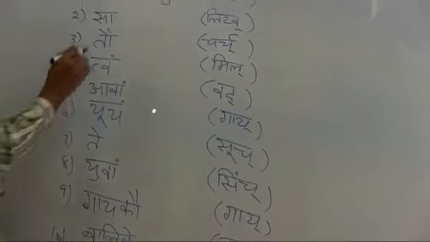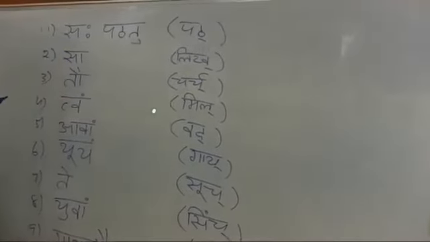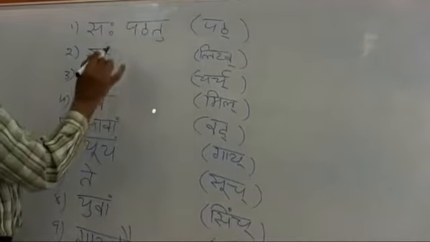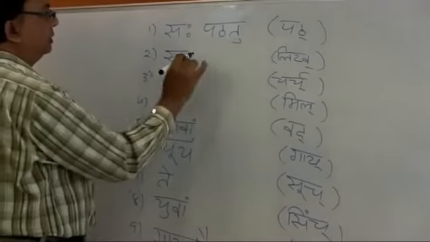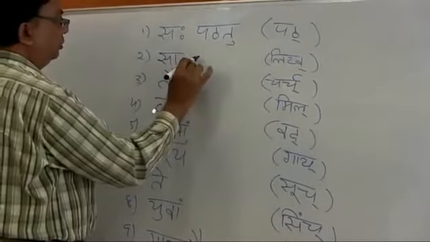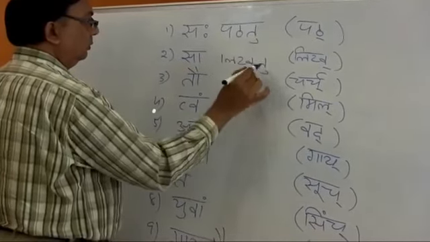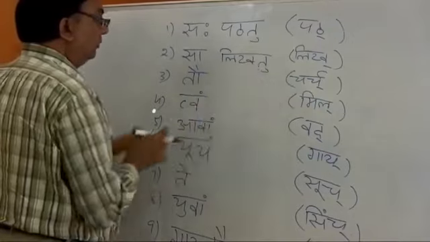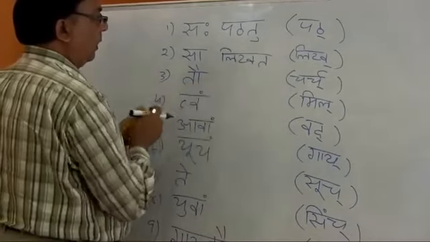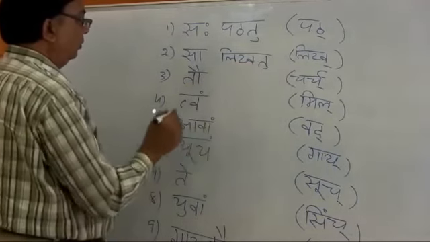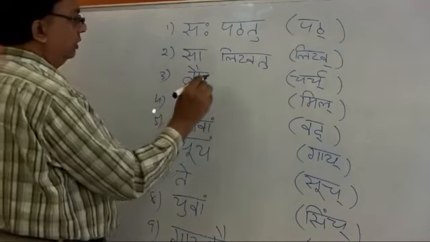Now let us derive. Saha is third person singular, pata becomes patatu. Sa is also third person singular, therefore likha becomes likhatu. Here you write down likhatu. Now, third one, tau charcha.